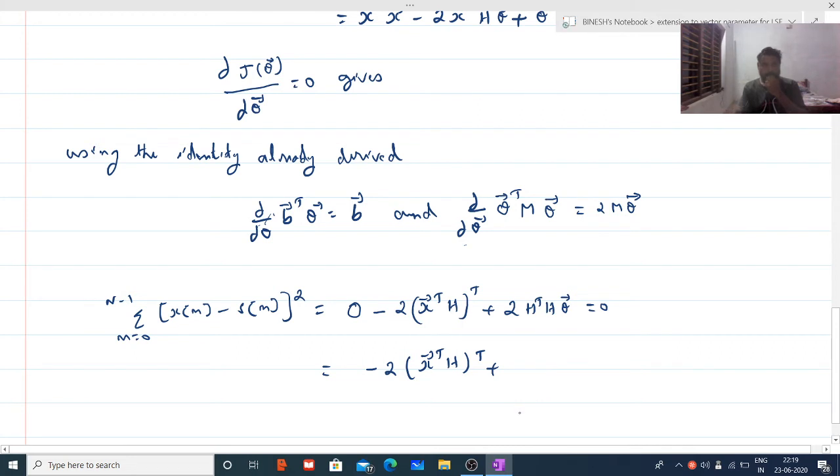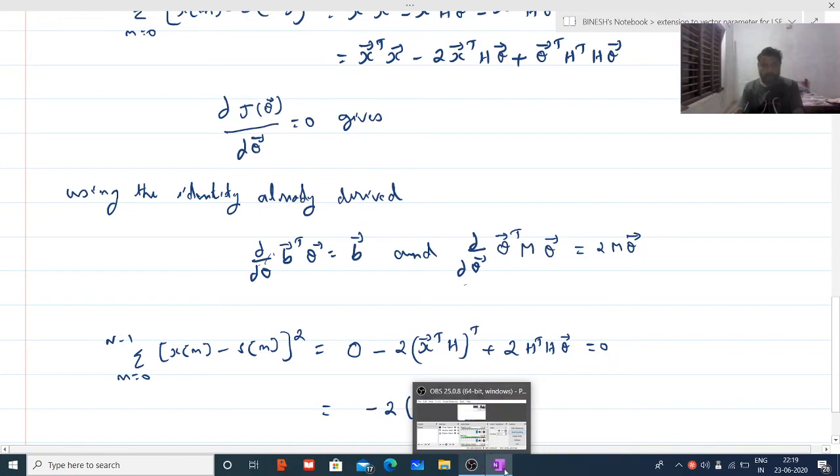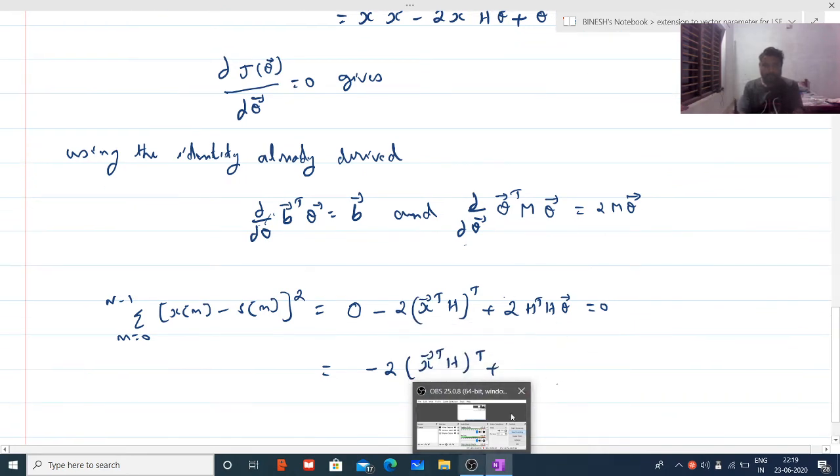Dou by dou theta of b transpose into theta, so that will be b. b is nothing but 2 into x transpose h. One minute, I am just verifying whether there is any mistake or not.